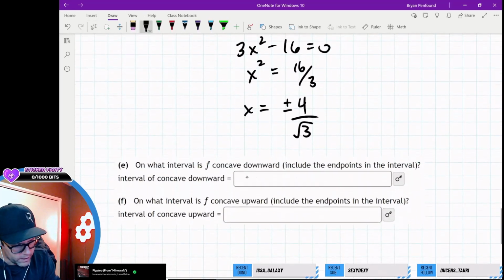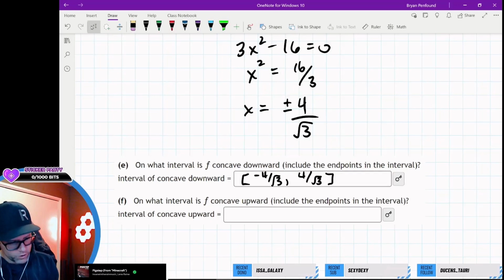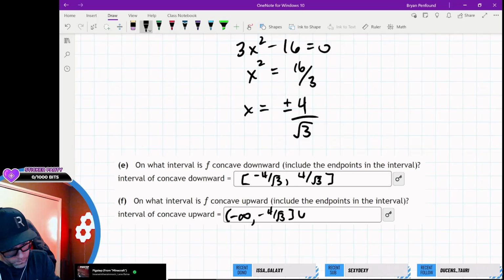This one's going to be a little bit awkward, but -4 over root 3 all the way up to +4 over root 3 should work. And then we're going to be concave up in all of the other regions. So -infinity up to -4 over root 3, and then the region after 4 over root 3 as well.